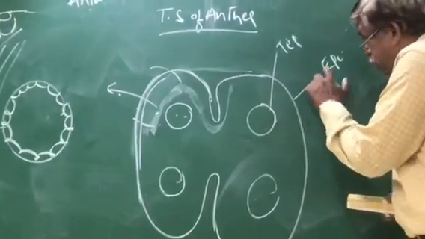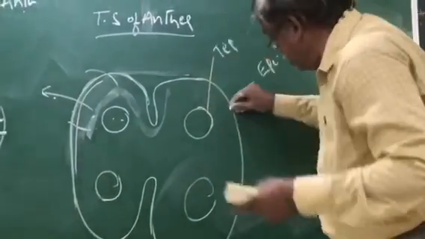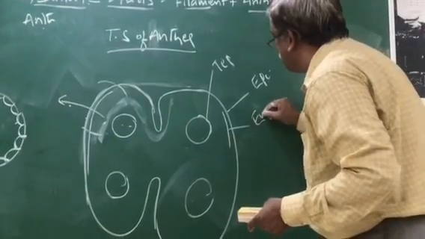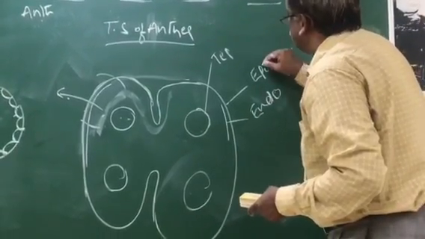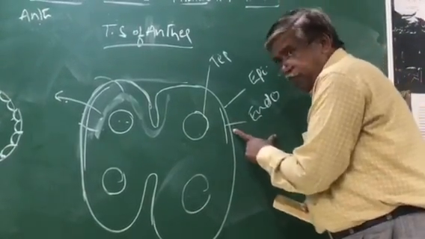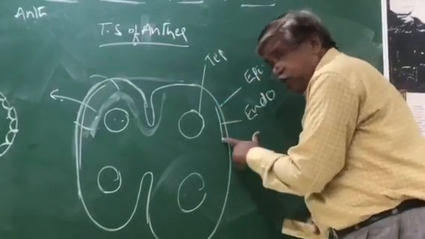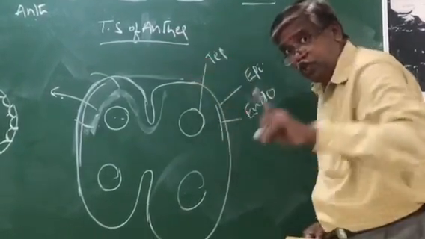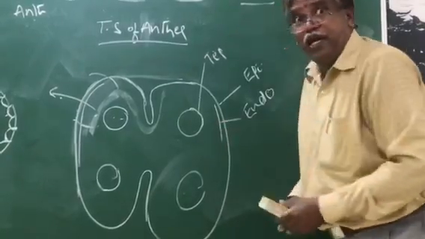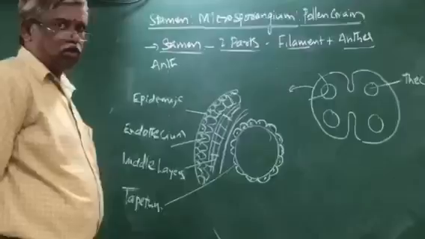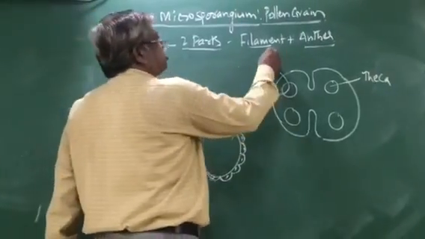Between tapetum and epidermis, another 2 types of layers: endothecium and middle layers. Epidermis is a single layer. Endothecium is also a single layer, but the middle layers are multi-layered. Right. Now it is a TS of anther.